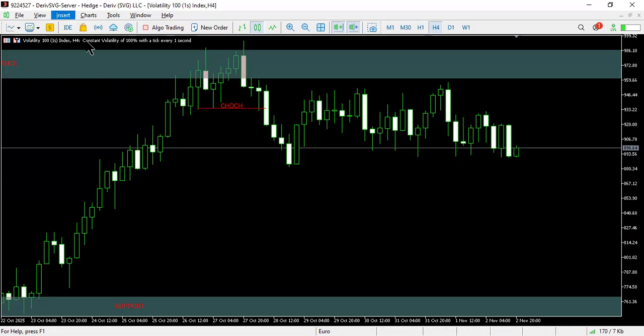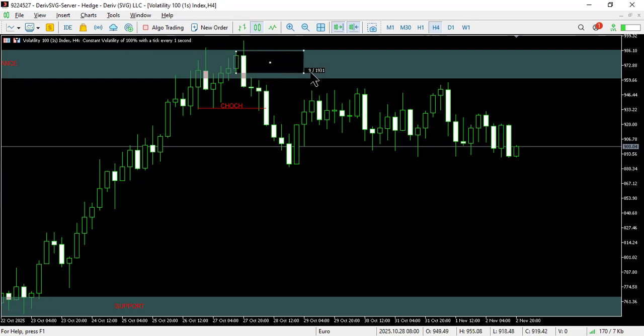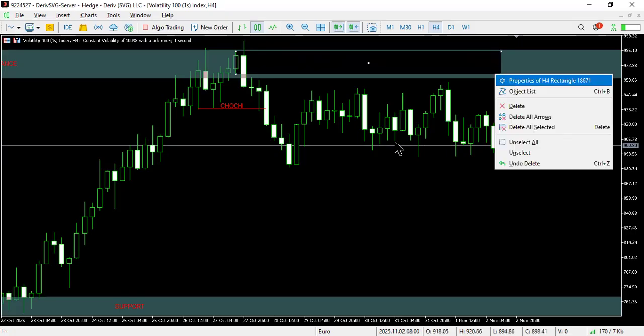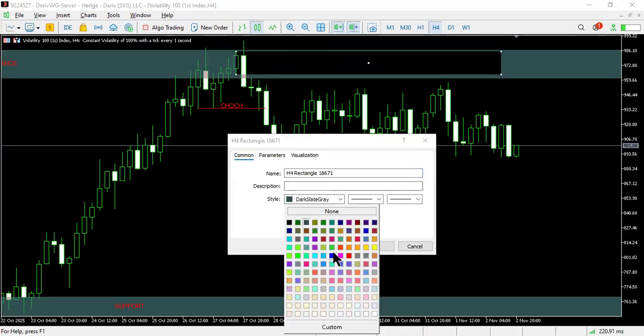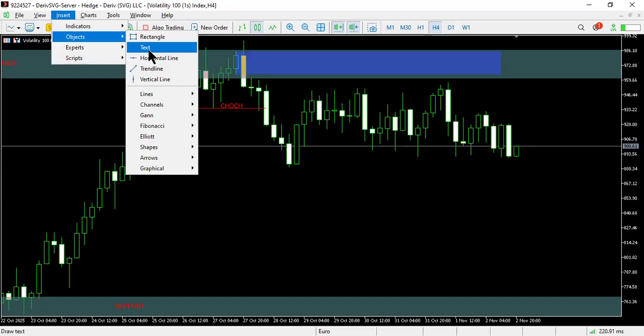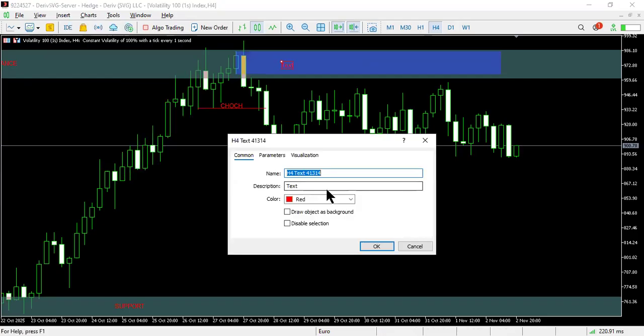And then the other block which caused the change of character is that one. That is the other block which caused that change of character. So that is our order block.